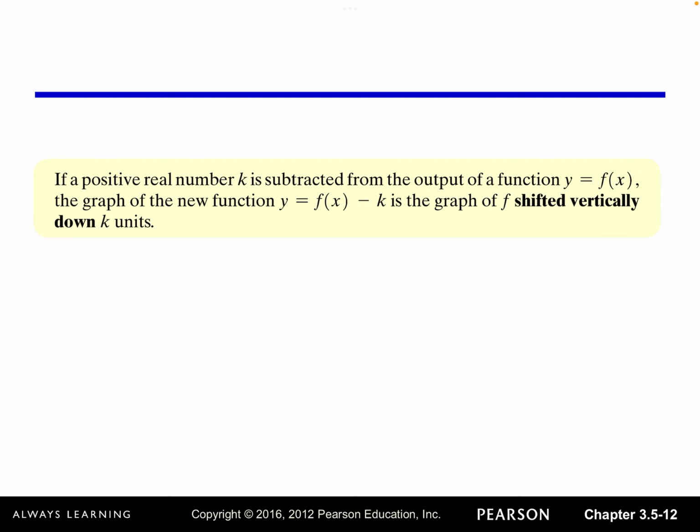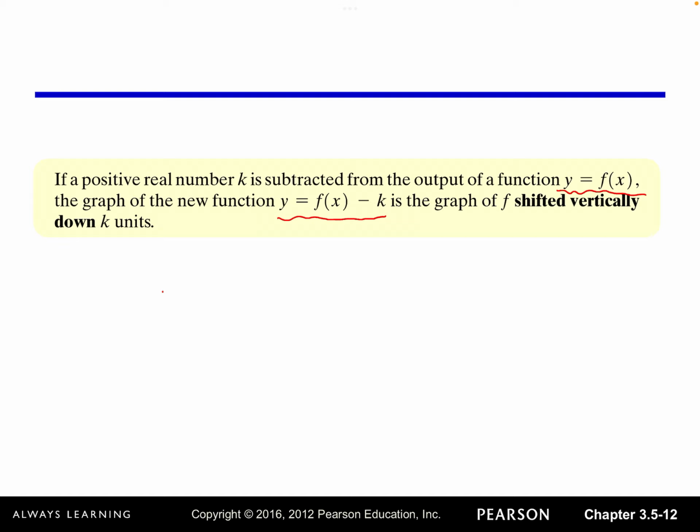Similarly, if k is still a positive number, and we know the graph of y equals f of x, then the graph of the new function y equals f of x minus k is the graph of f of x shifted vertically down k units.